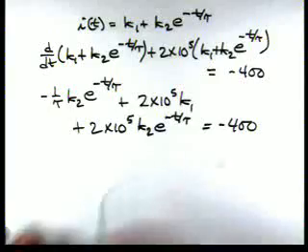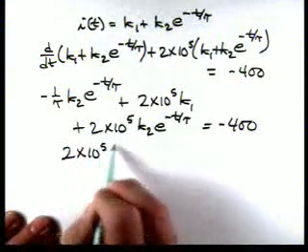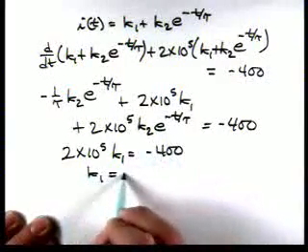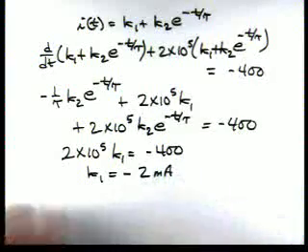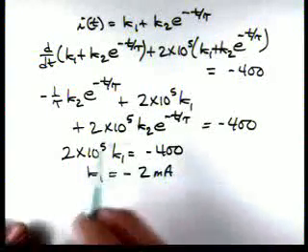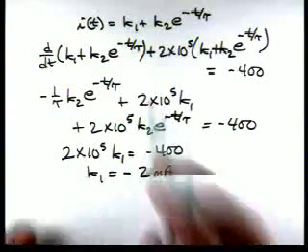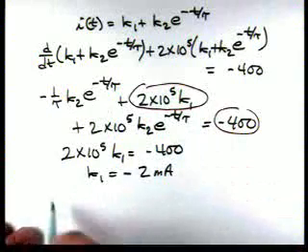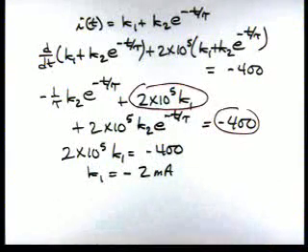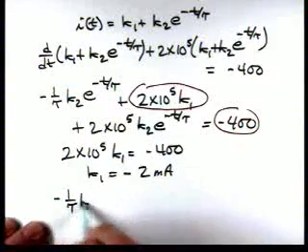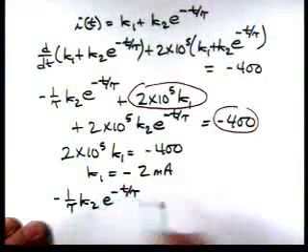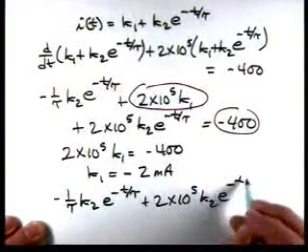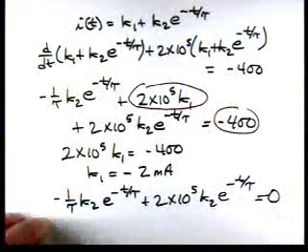And if we look, for instance, 2 times 10 to the 5th K1 has to equal minus 400. So that says that K1 has to equal minus 2 milliamps. And that's equating these two terms. And then we have minus 1 over tau K2 e to the minus t over tau plus 2 times 10 to the 5th K2 e to the minus t over tau has to equal 0.